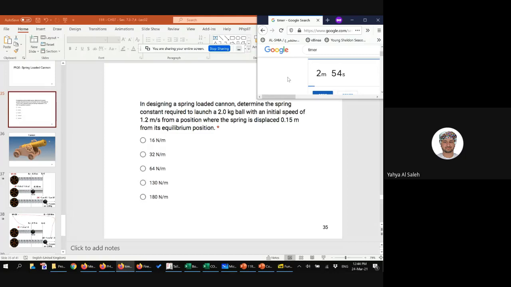In designing a spring-loaded cannon, determine the spring constant required to launch a 2-kilogram ball with an initial speed of 1.2 meters per second from a position where the spring is displaced only 15 centimeters from its equilibrium position.